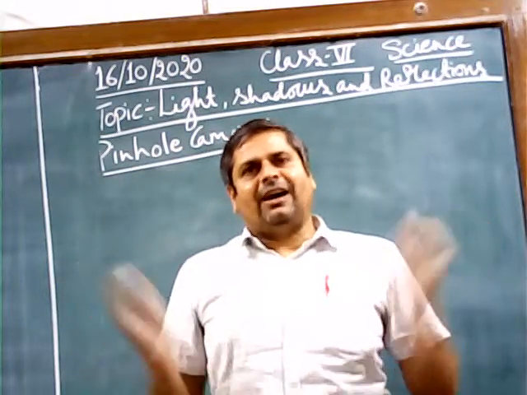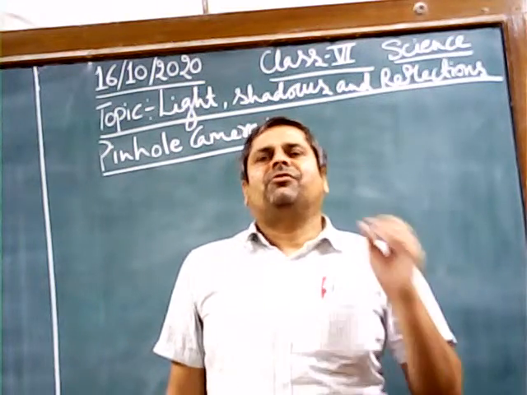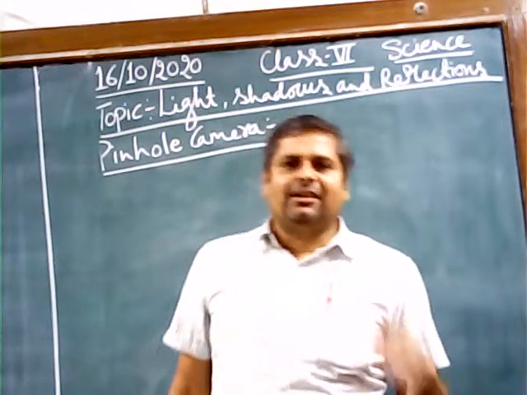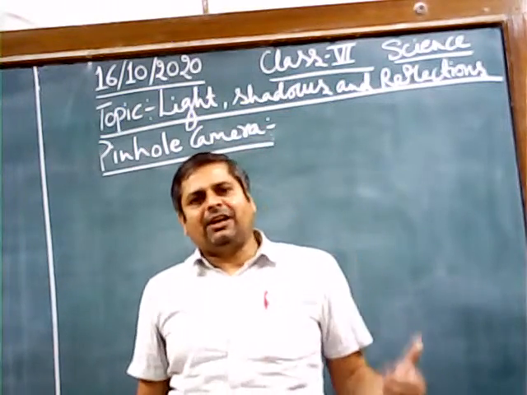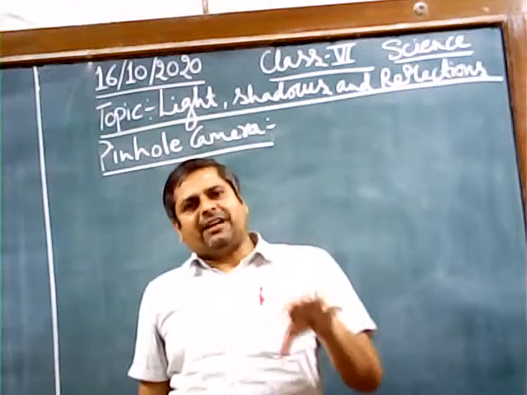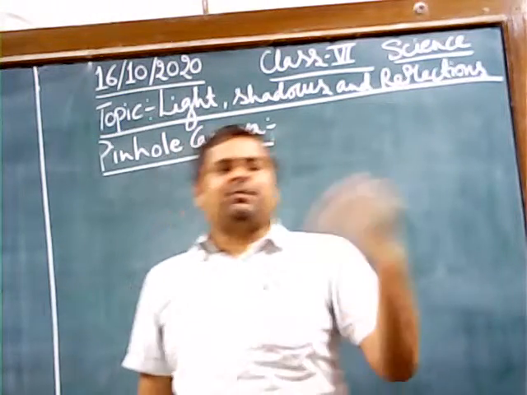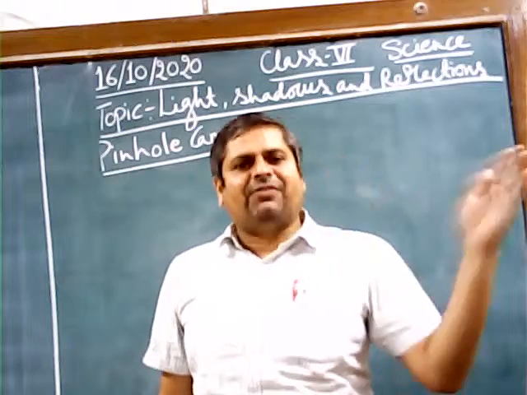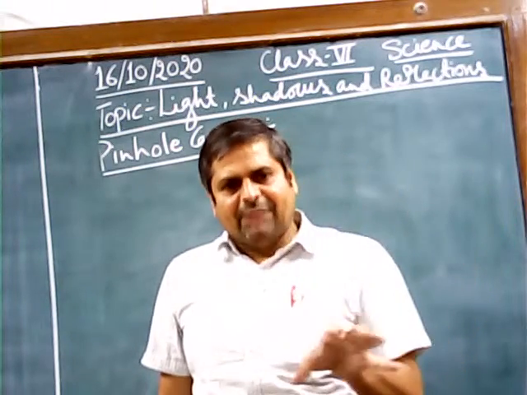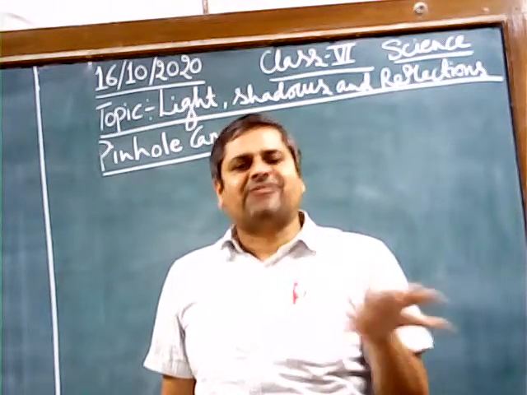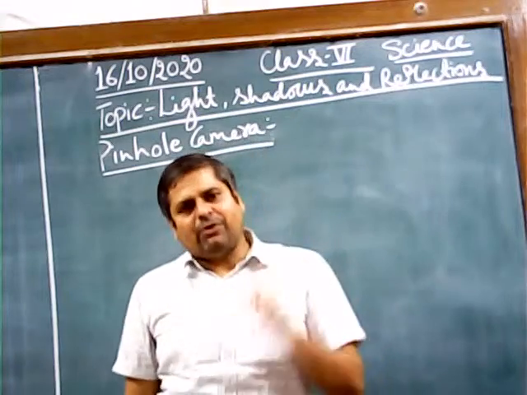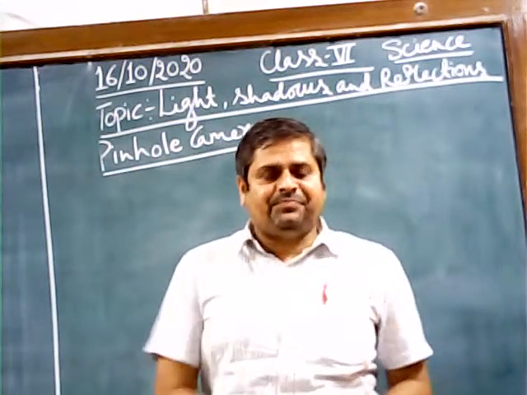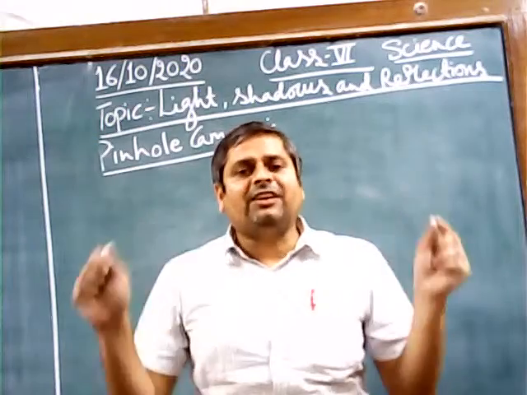Now there is a third category of materials through which light can pass partially. So the objects are not clearly visible, but they are partially visible. They are visible to some extent. For example, by example you will understand. So, for example, polythene.